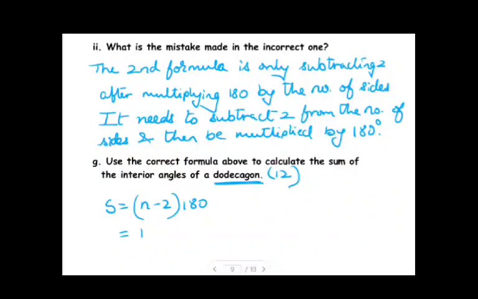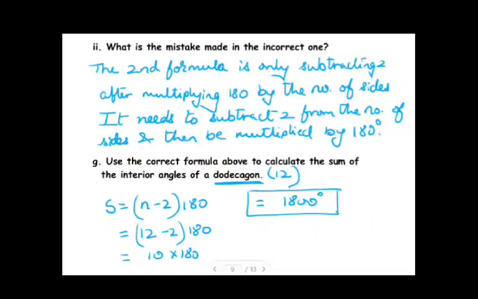Number of sides 12 minus 2 into 180, which is equal to 12 minus 2 is 10 into 180. Simple. The answer is 10 into 18, it's going to be 1800 degrees. So the sum of the interior angles of a dodecagon is 1800 degrees.